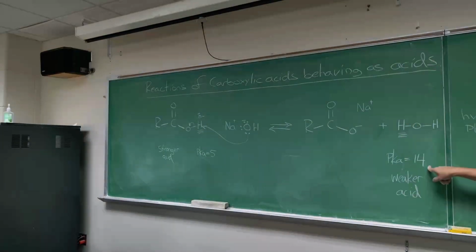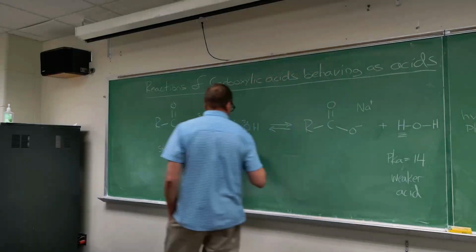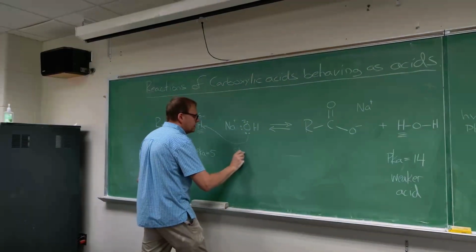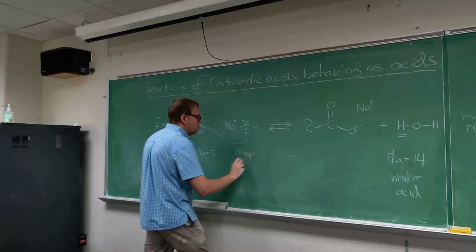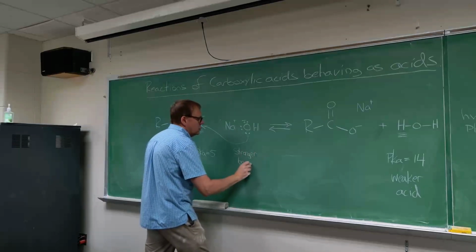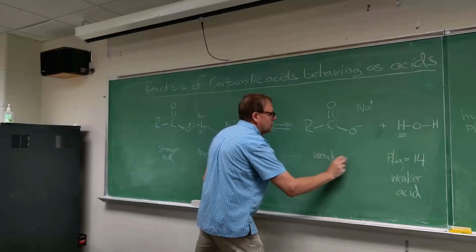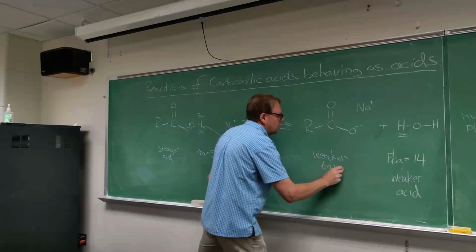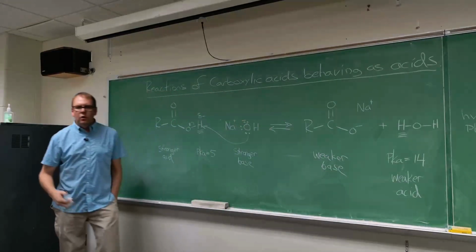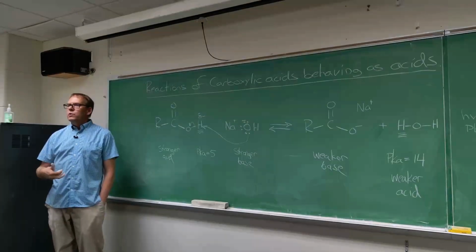And since this is a weaker acid, the thing it came from over here must be a stronger base, the stronger of the two bases. So the reaction likes to go from strong acid, strong base to weak acid, weak base.